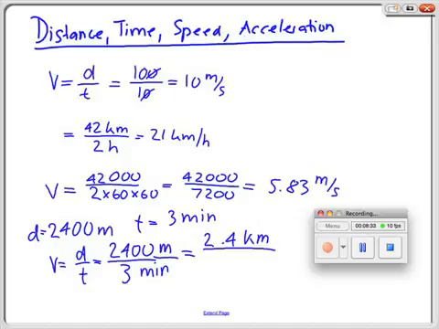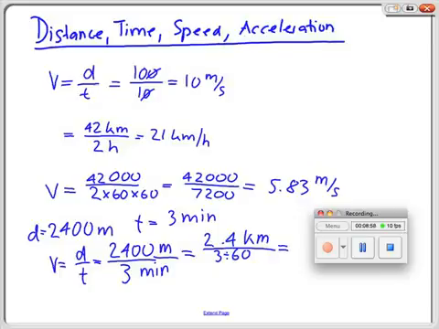and in 3 minutes, well, there's 60 minutes in 1 hour. So I need to say it is 3 divided by 60 minutes. This 3 over 60 is the fraction of an hour that I have. So I get 2.4 divided by 3 divided by 60.